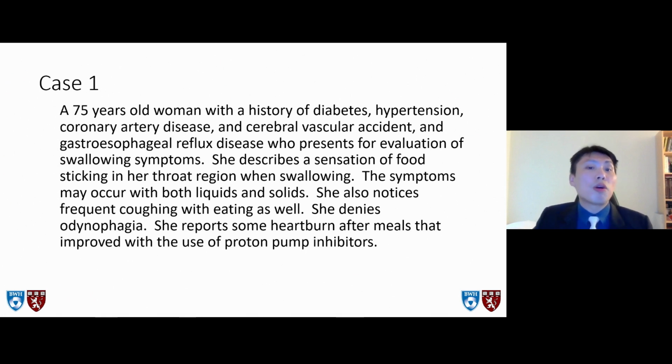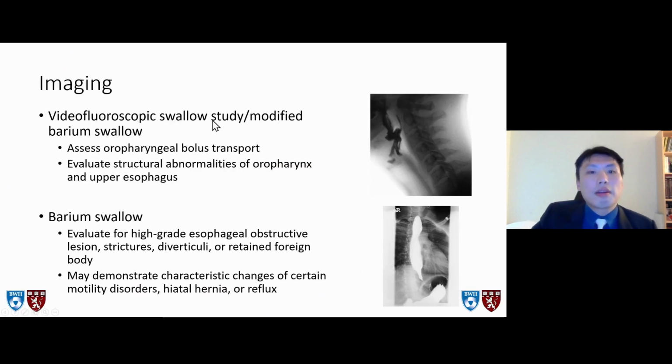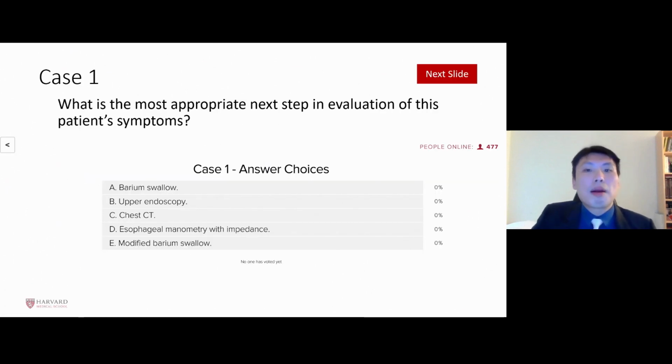The symptoms may occur with both liquids and solids. She also noticed frequent coughing with eating as well, but denies any odynophagia. She reports some heartburn after meals, but it has improved with the use of a PPI. So the question is, what is the most appropriate next step in evaluation of this patient's symptoms?